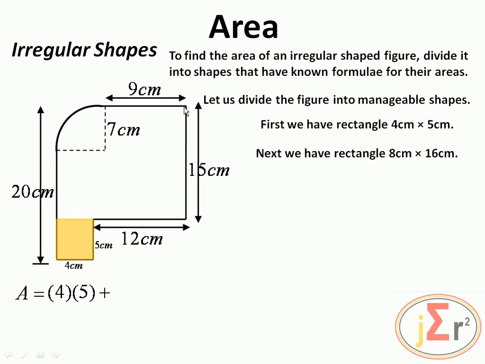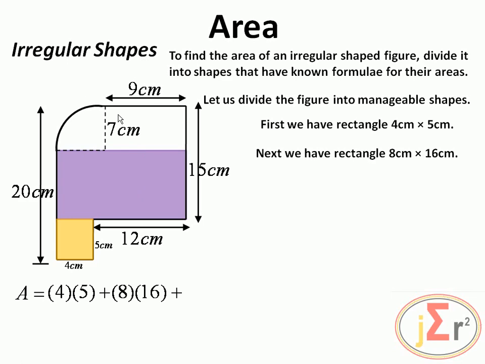And how do we determine that this region is going to be 8 centimeters? Because this portion is 7 and the entire thing is 15. So we are sure that this region is 15 minus 7, which is equal to 8 centimeters. So this is 8 centimeters by 16 centimeters.